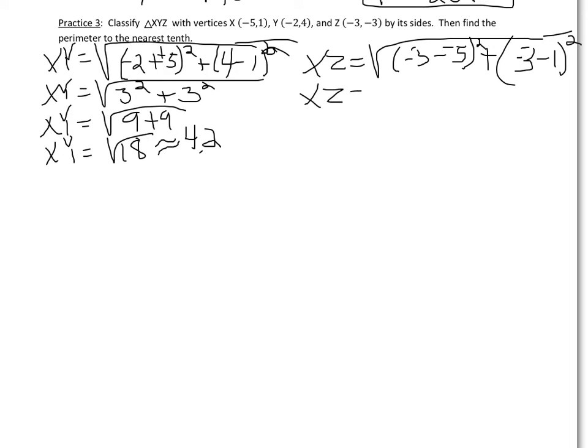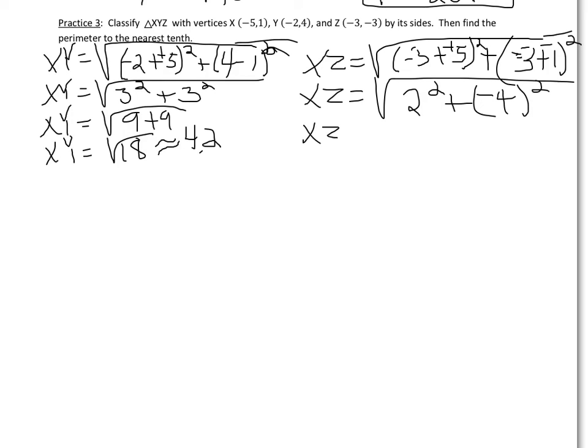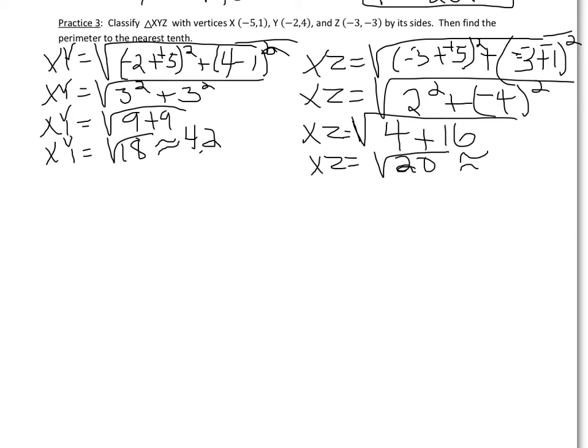So XZ is equal to the square root of, this would be plus a positive, 2 squared plus, this is a negative 3 plus a negative 1, so negative 4 squared. So XZ equals the square root of 4 plus 16, the square root of 20, which is approximately, when you plug it into a calculator, 4.5.